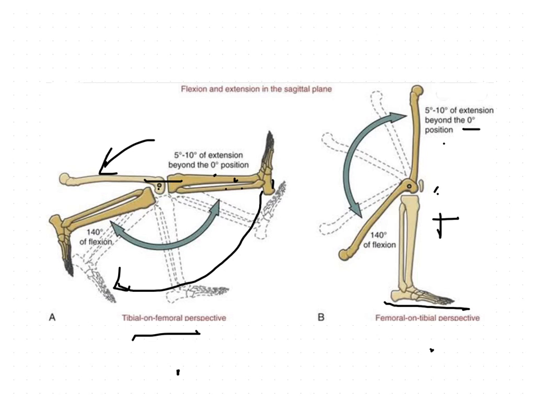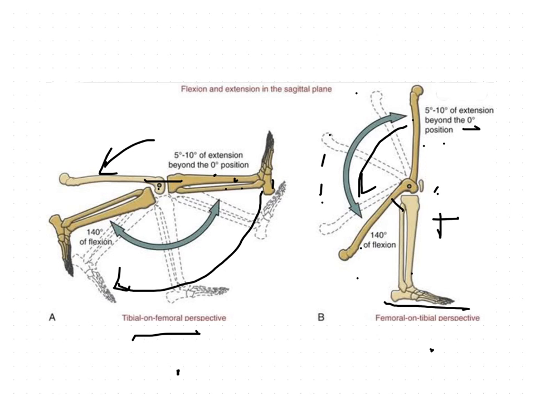The extension may be 0 degrees or 5 to 10 degrees of extension. Beyond 0 is also considered normal. Now here the femur is moving on the tibia, causing flexion of the knee. So that means the femur is moving on the tibia in a closed kinematic chain.